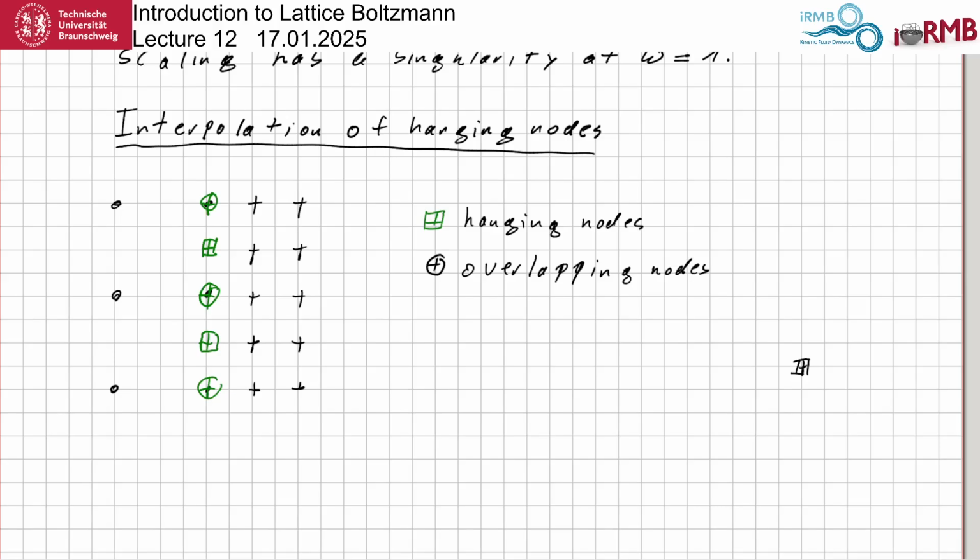Then I will have a coarse node here, and a coarse node there, and then the next coarse node will be there, and the next would be there, okay? So this thing here, this is the interpolation stencil.